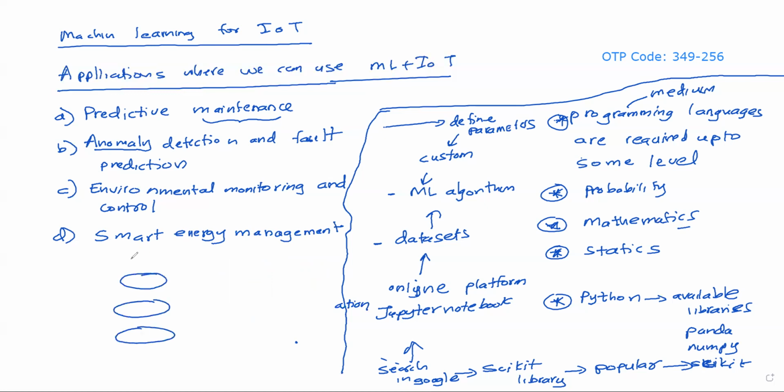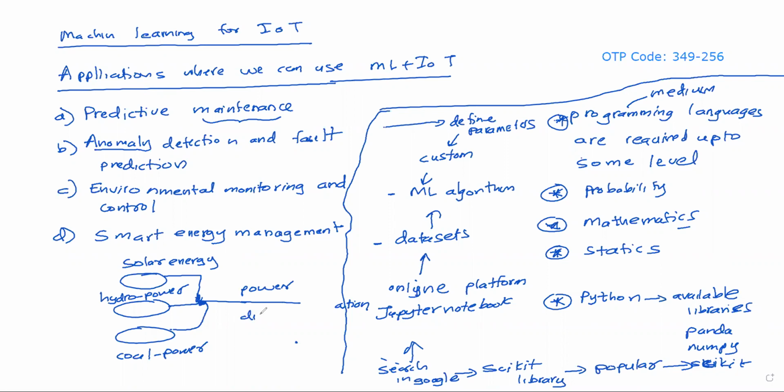We might have solar energy, hydropower energy, and coal power energy. The machine learning algorithm is able to detect which type of power to use at a certain time instance to feed the power lines or the power distribution systems.